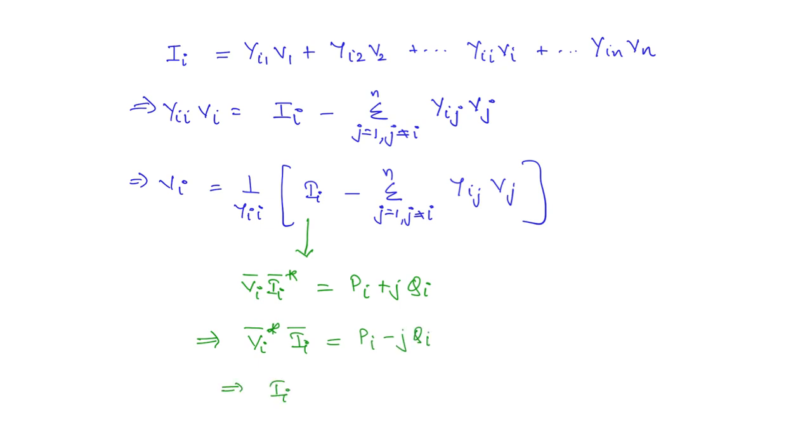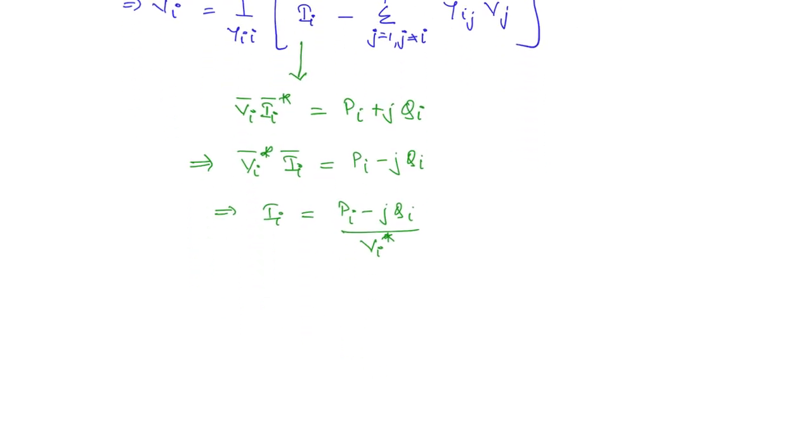So I_i you can write as (P_i minus jQ_i) divided by V_i conjugate. So if you substitute in these values, all you know, right? P_i, Q_i, I_i. For a PQ bus, you know all of these values.